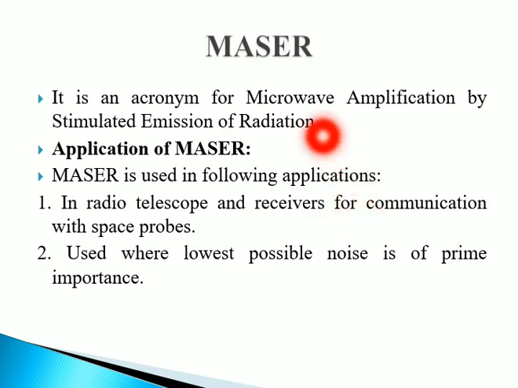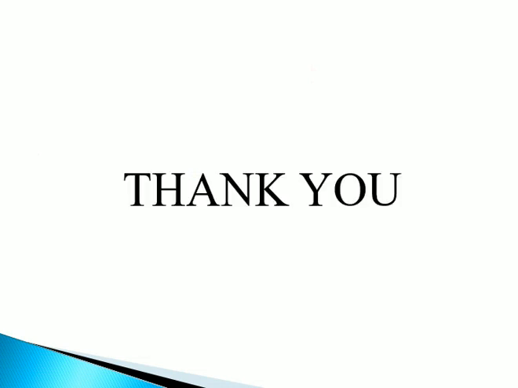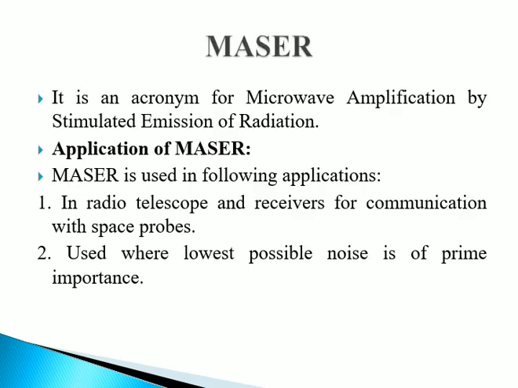Next is maser. Maser stands for microwave amplification by stimulated emission of radiation. Here, the electrons which are in the lower energy level will jump to a higher energy level. This excitation is subjected to stimulation with the help of another input signal which has the same frequency.